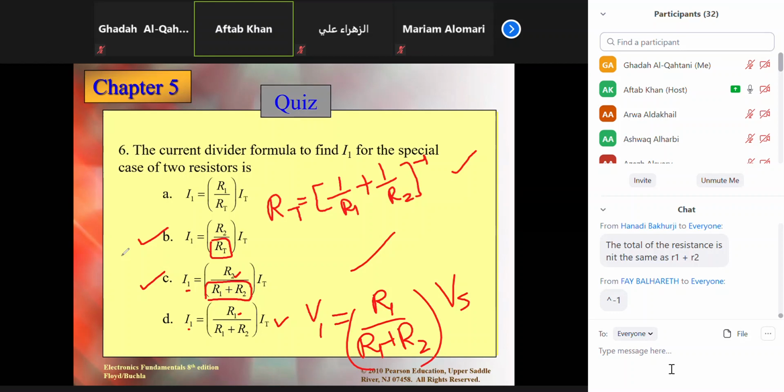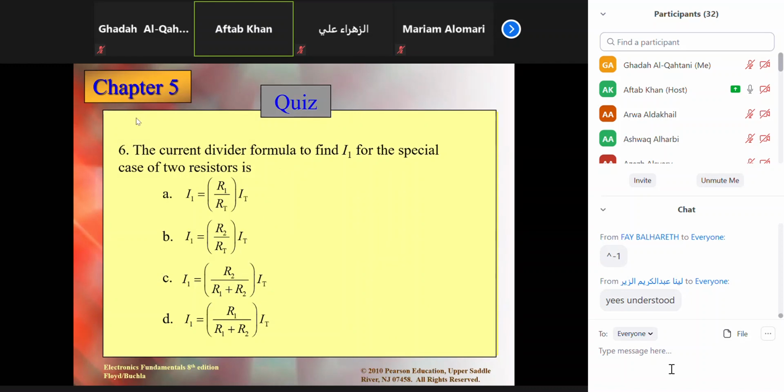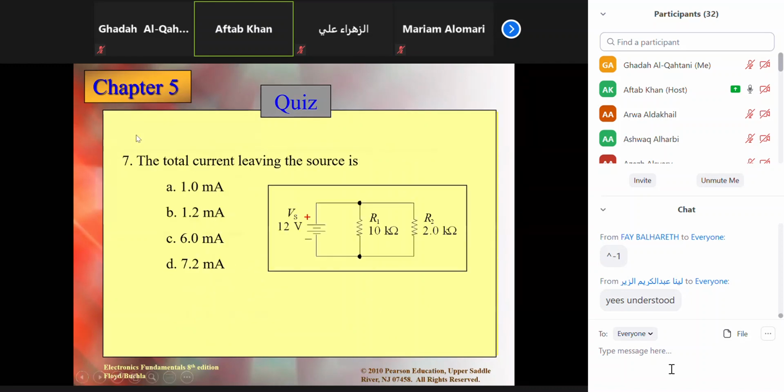So we cannot write RT here because it leads to confusion. Whenever we say RT, it means it is like that, and we have this one shortcut formula. So hope it is clear to you now. That's why we are not writing RT. Okay. Good. Next is.